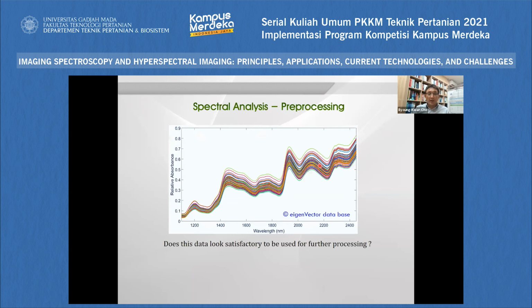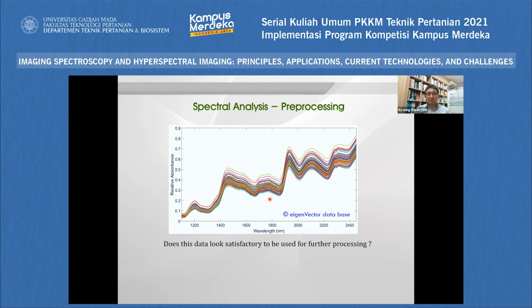Let's think about an example. This is a spectrum of a certain area. This is the same area, but let's look, this spectrum has quite high variation. Even for the same area, it is quite different because agricultural material is sometimes a round shape, so the light reflectance may be different.